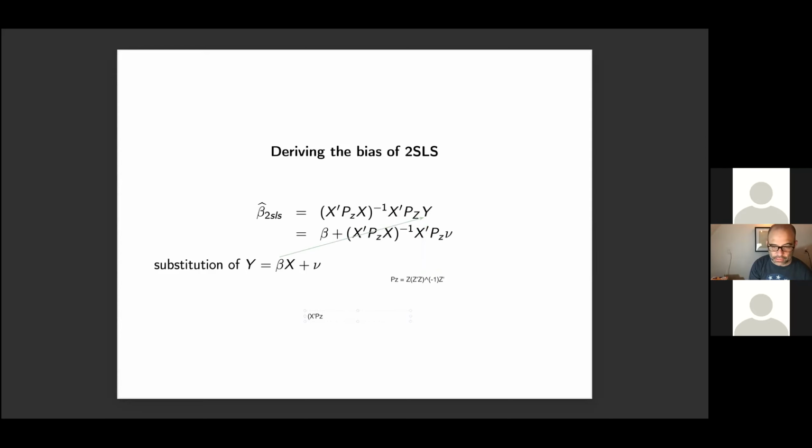X prime PZ X inverse, X prime PZ, BX plus V. And then we get X prime PZ X inverse, X prime PZ BX, plus X prime PZ X inverse, X prime PZ V.